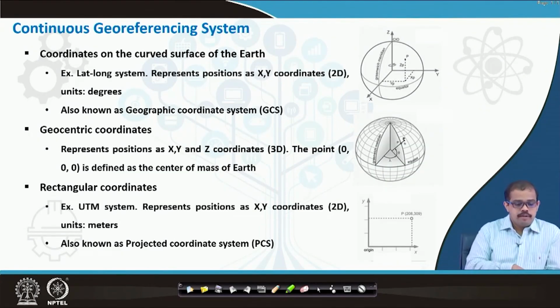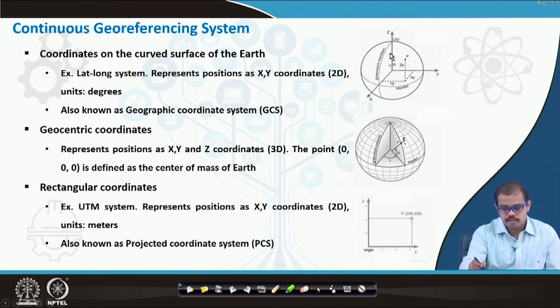Okay, so when we look at continuous georeferencing system, so coordinates on the earth surface of x comma y. So it can be a lat long system where represent these positions. For example, if I am looking at this point, it is represented by the x and the y coordinates. Okay, when you have a 2D representation.